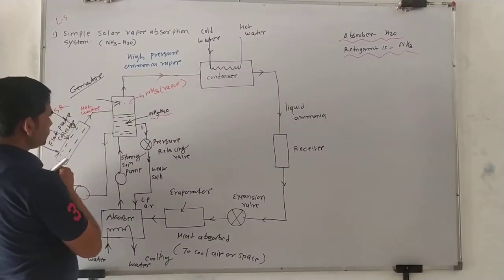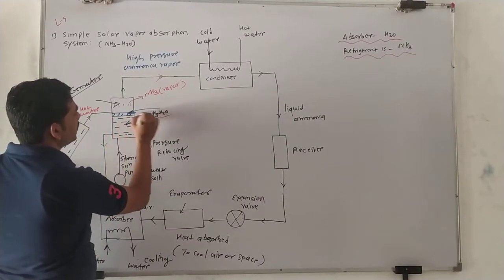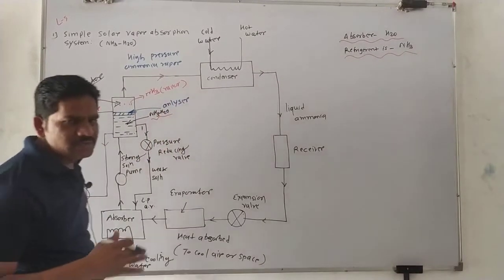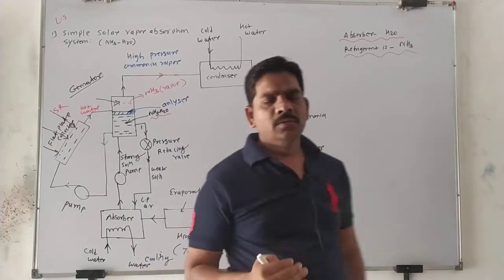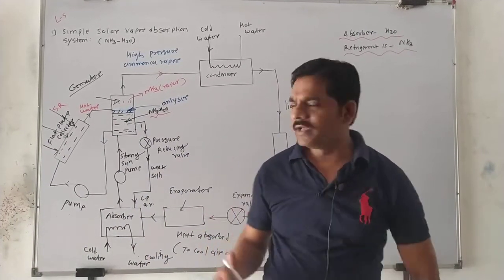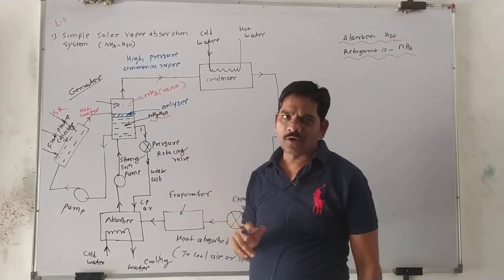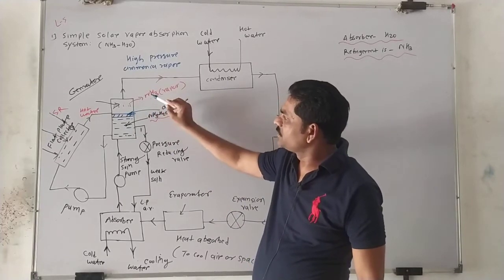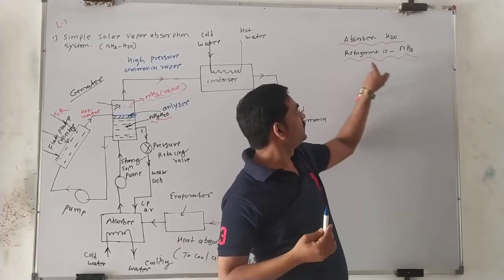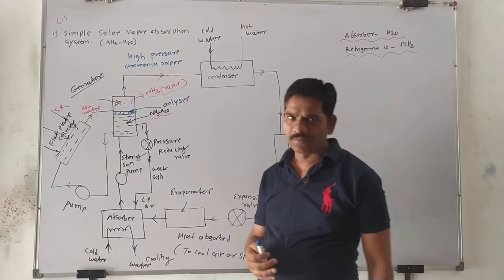There is also one more component connected, the analyzer. This analyzer prevents the water vapor droplets from moving along with the ammonia. It prevents the circulation of water droplets. From this analyzer only the NH3 vapor moves, because NH3 is the refrigerant, which is used for cooling purpose.